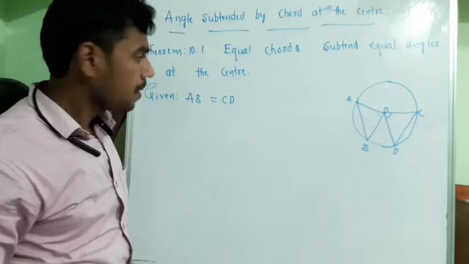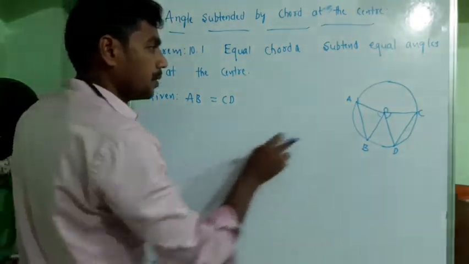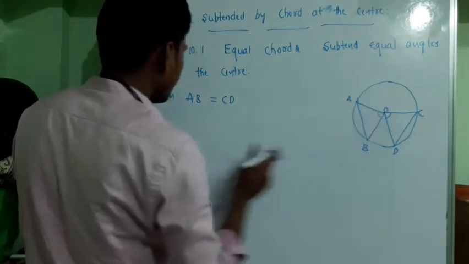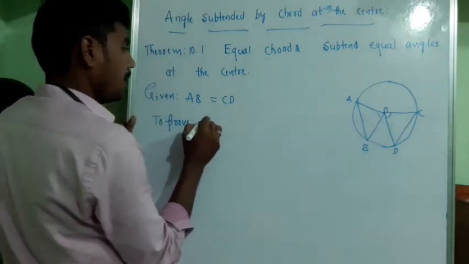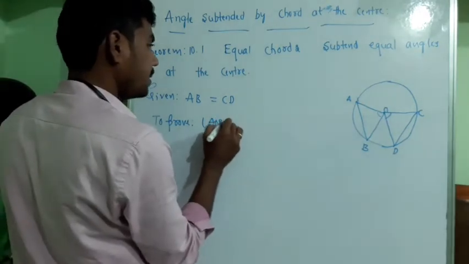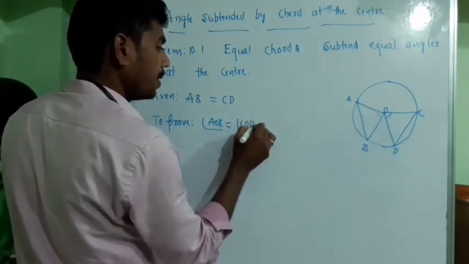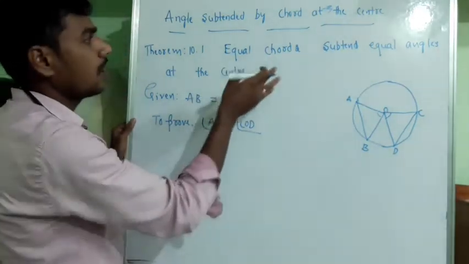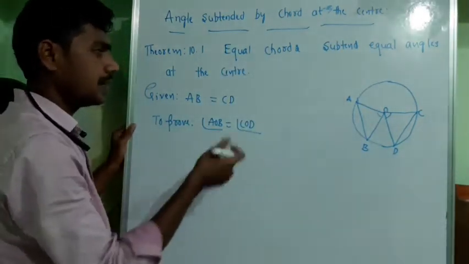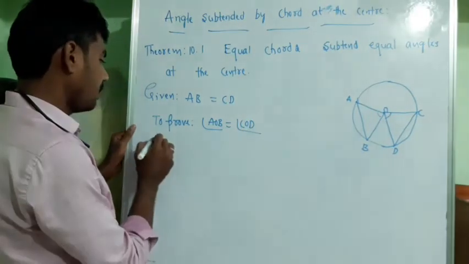Now we need to prove angle AOB is equal to angle COD. Equal chords subtend equal angles at the center. That is the theorem. So, proof.